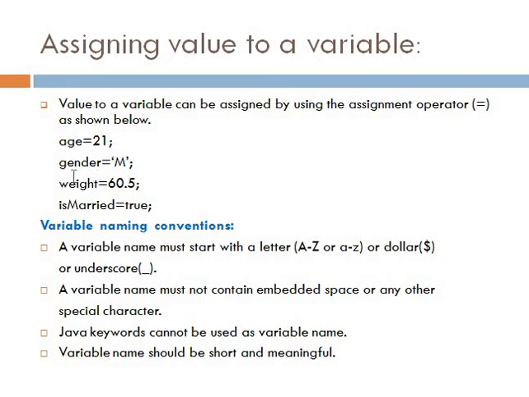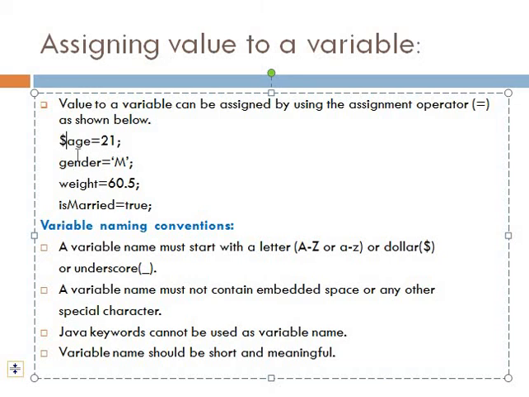Then come to the next variable weight. It starts with the letter W, as W falls between the letters A to Z, this is also acceptable. Then for the variable is married, as it starts with the letter i, this is also acceptable. So it can start with any letter, okay, and that letter can be capital A to Z or small a to z, or in fact you can even start with a dollar sign like this.